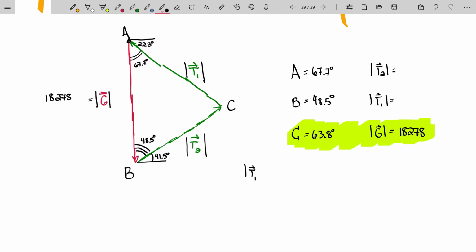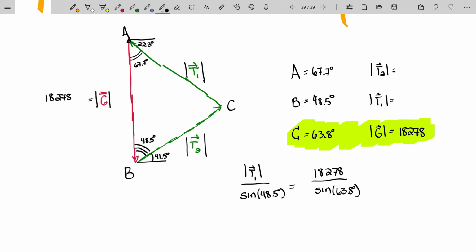So let's go ahead and do this. The tension sub 1 is to the sine of its opposite angle as the gravitational force, 18,278, is to the sine of its opposite angle, 63.8 degrees. That is, tension 1 is going to be the sine of 48.5 times 18,278. I'm going to type this in, 18,278. I've got to make sure I'm in the right mode on my calculator.